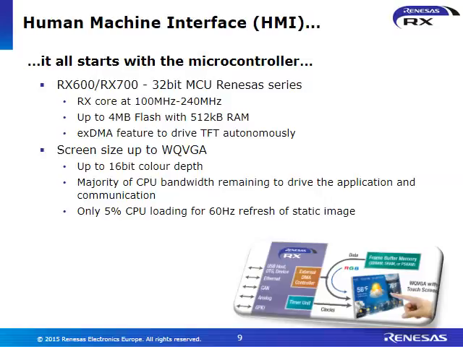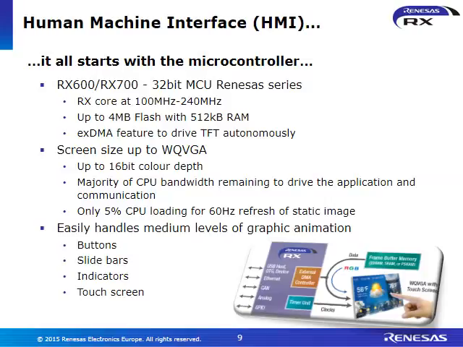So that's a pretty low CPU load, and you will have remaining CPU performance for your own application purpose, which is quite nice. And from a graphical animation point of view, the RX will be able to support you on buttons, light bars, indicators, and surely it will be able to drive a touch screen as well.